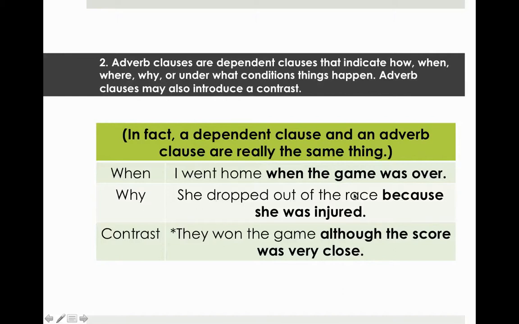Why? She dropped out of the race because she was injured. In this clause, I'm talking about the reason why she dropped out of the race. A contrast. They won the game, although the score was very close. Here, the dependent clause is showing a contrast with the fact that they won the game.